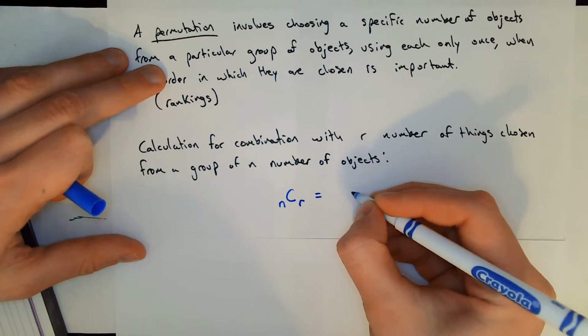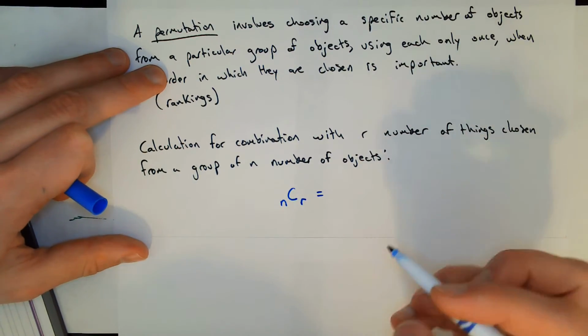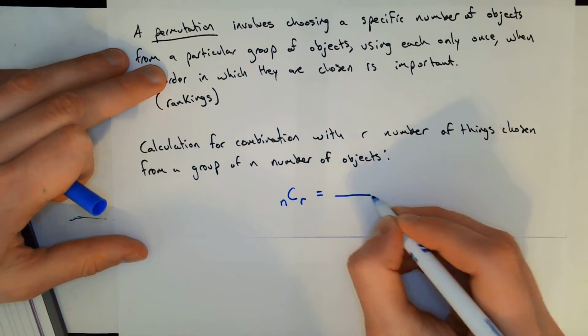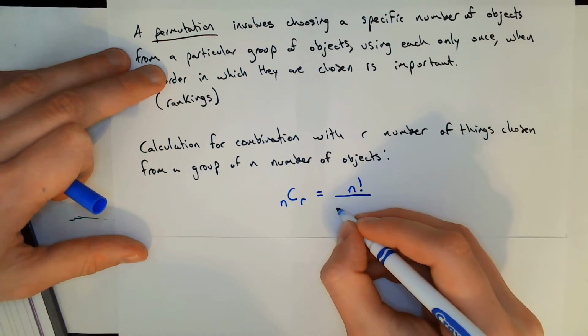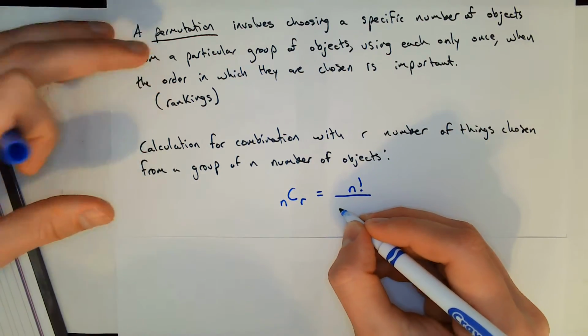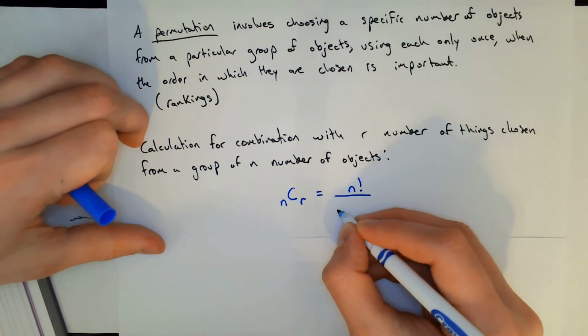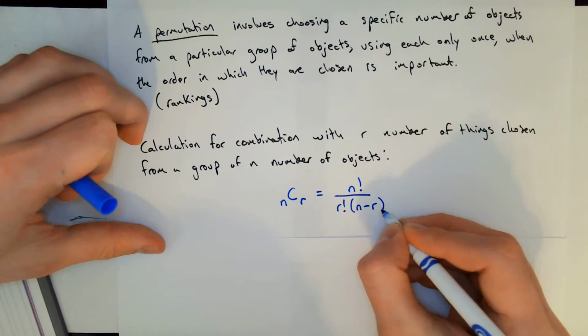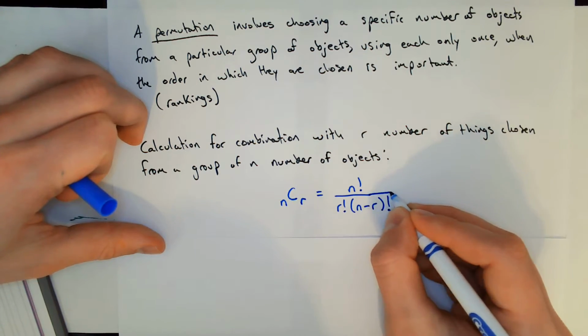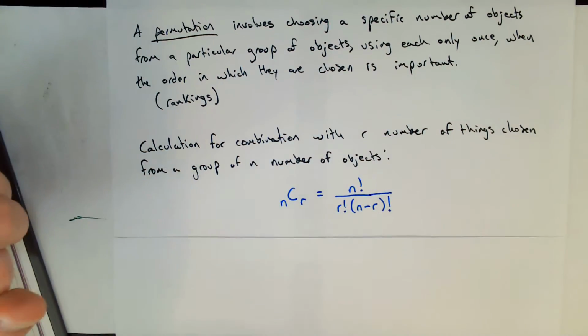It's going to be equal to, remember I told you we would need the factorial math. Well, here it comes. It's n factorial divided by r factorial times the difference of those two numbers factorial, n minus r factorial.